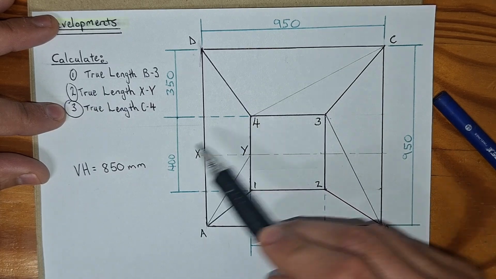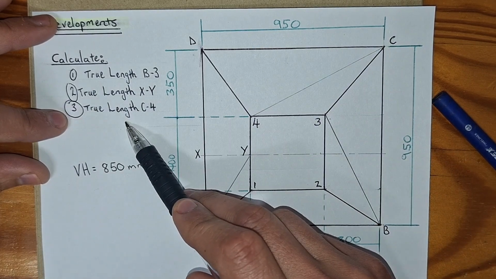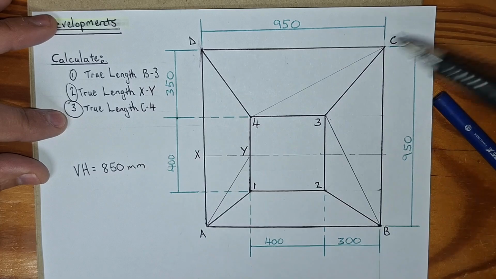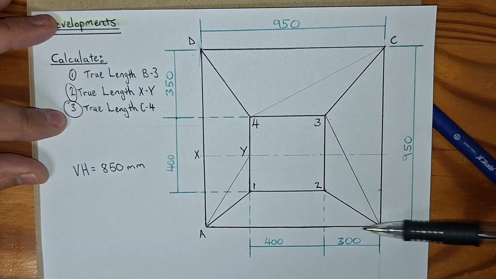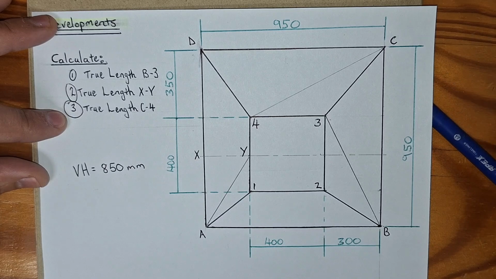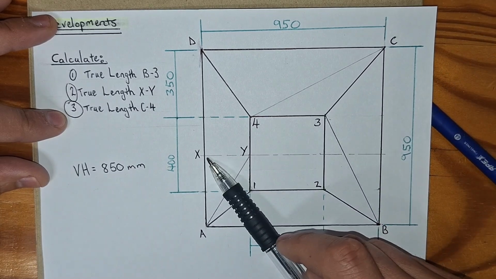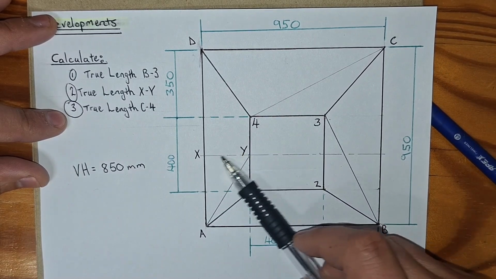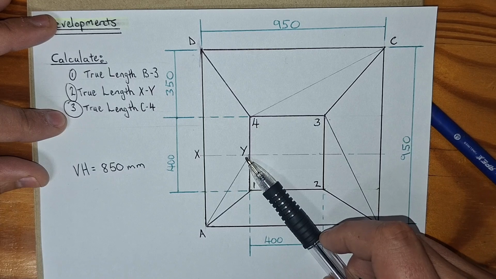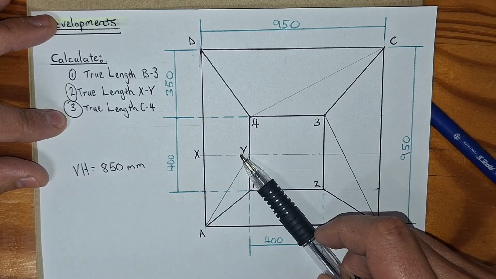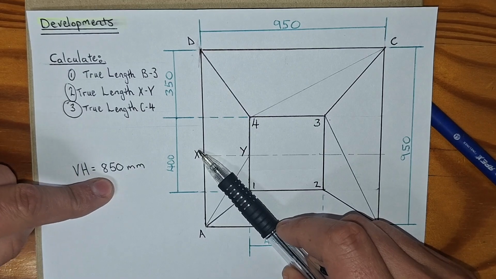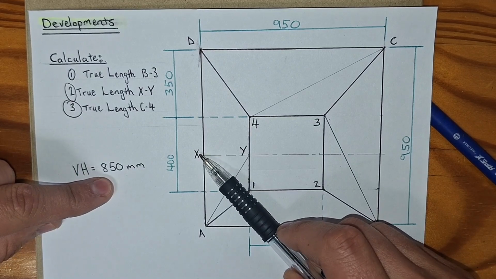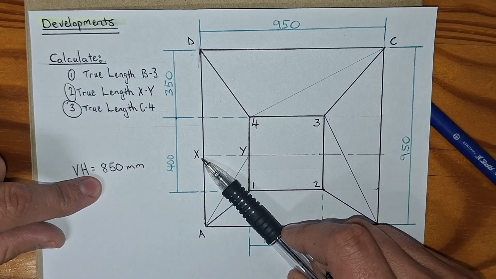But keep in mind, all of these are true lengths and not the base lengths. If we work on the two-dimensional top view sketch, we will firstly calculate the base length of XY, and then put the base length in proportion with the vertical height, which is 850, by means of Pythagoras.